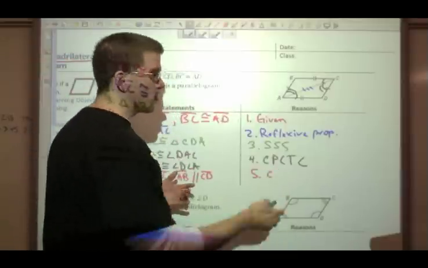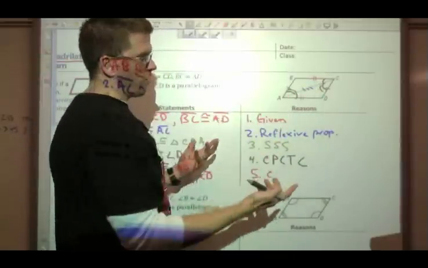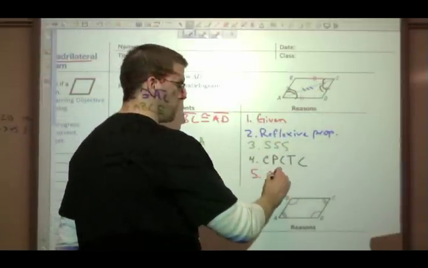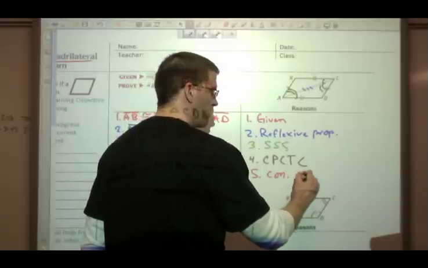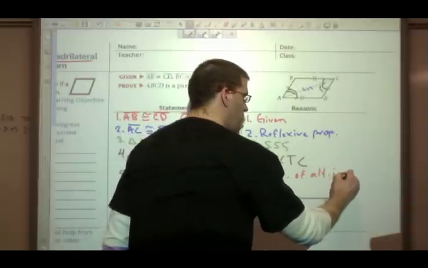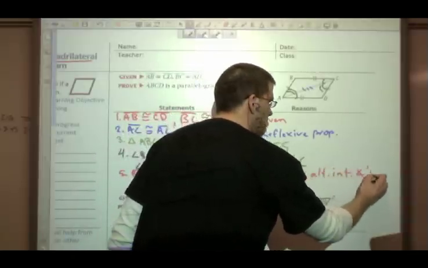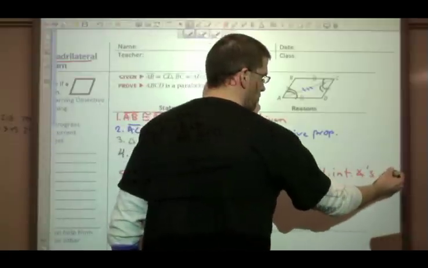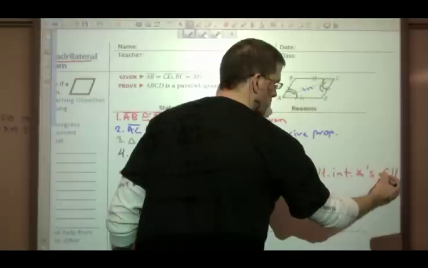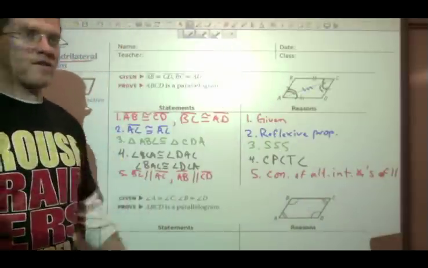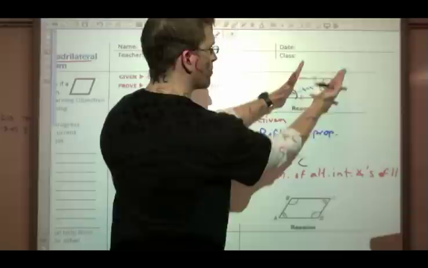Remember that if alternate interior angles of two lines are congruent, then the lines themselves are parallel. So we'll just write converse of alternate interior angles of parallel lines. Not very neat. All right, we've stated that these are parallel and these are parallel.